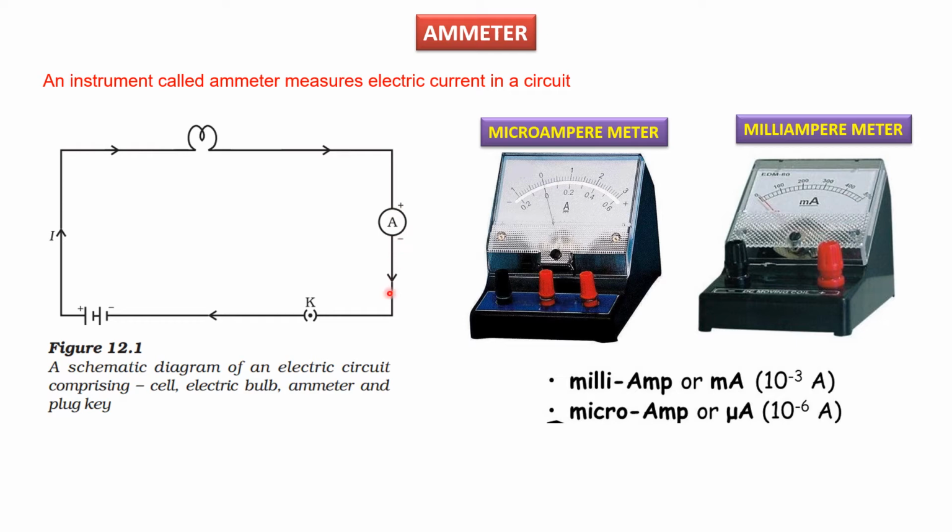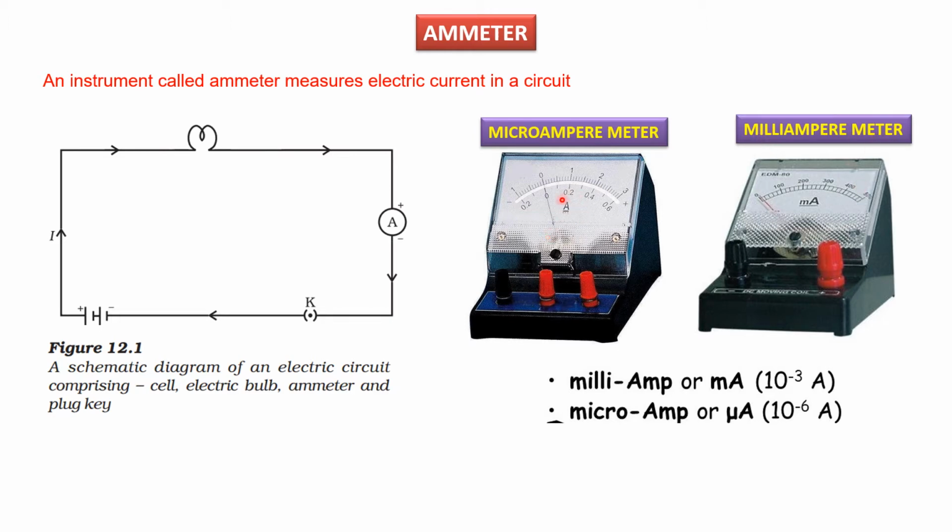The negative of the ammeter is connected to the negative of the battery. That means the ammeter is always connected in series in a circuit. For microampere, the flow of current will be very very less. So that's why we go for microammeters or milliammeters.